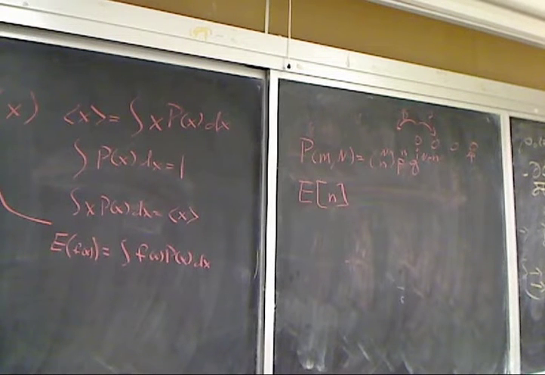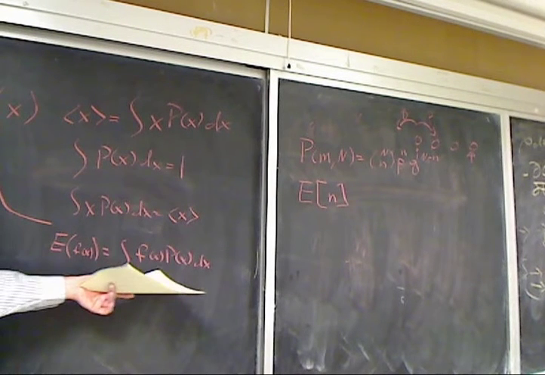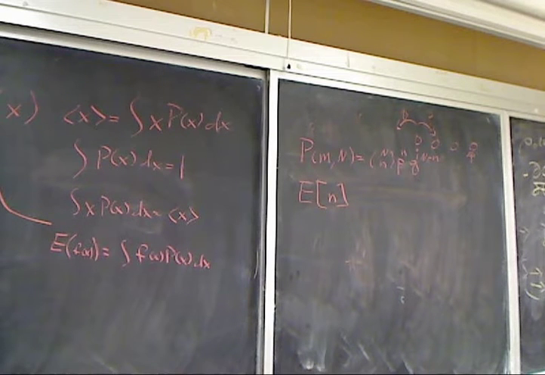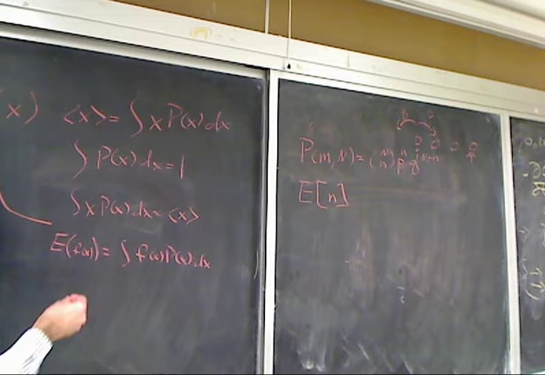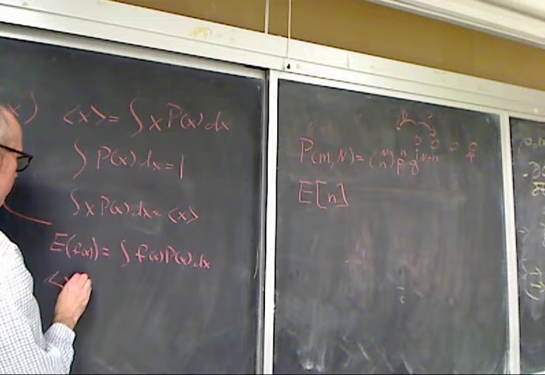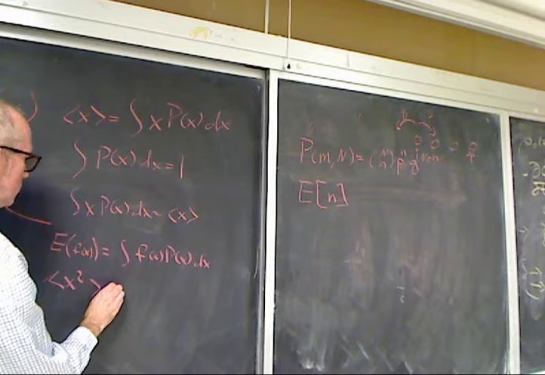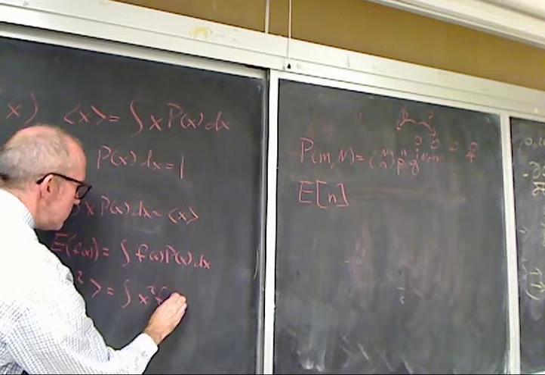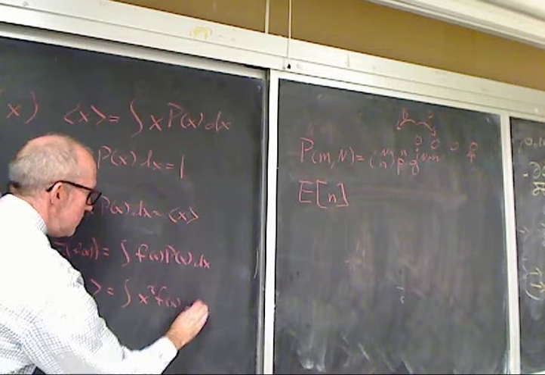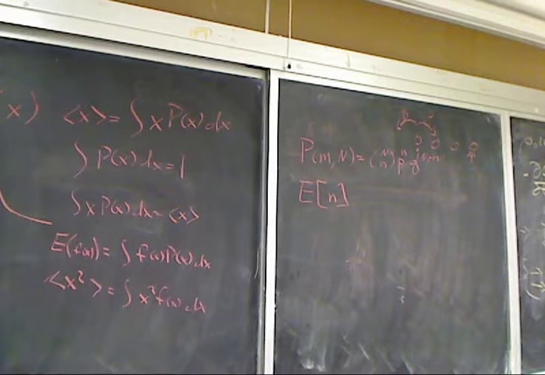So the expectation value of a quantity is just that quantity times P, and then you integrate. You'll see this in quantum mechanics where P turns into the square of the wave function. What I often want is the average of x squared, which is just the integral of x squared P of x dx. I also sometimes want the variance.